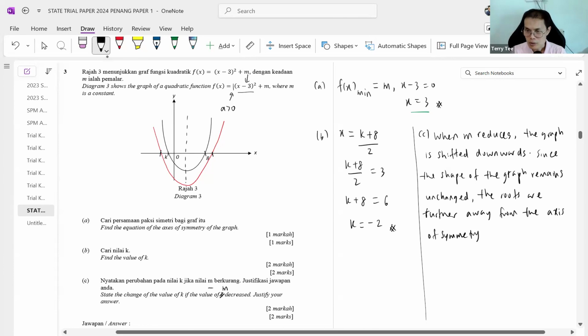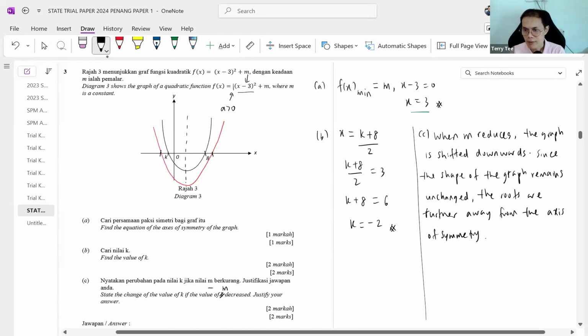Okay, so you notice your roots is now k value. Your k value is not the same as from part A because your m has now changed. So it will now be further away from the axis of symmetry, more towards the left.